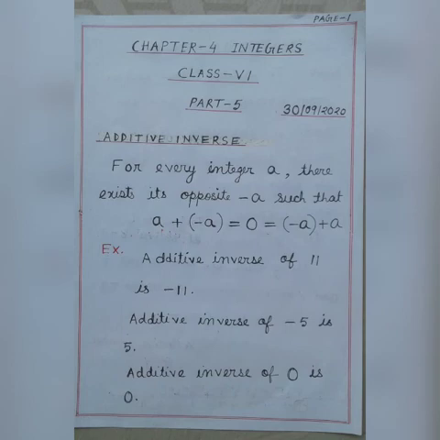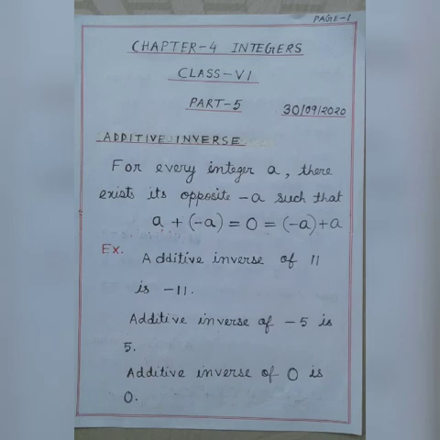The same way, additive inverse of minus 5 is plus 5. Additive inverse of 0 is 0. So it is just the opposite of the given integer. For a positive integer, it is the negative of that integer. If it is a negative integer, then the additive inverse will be the positive of that integer.